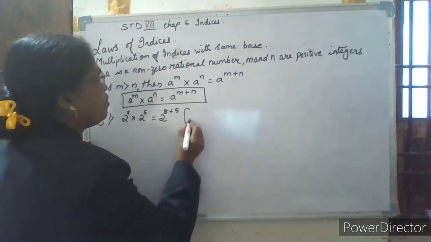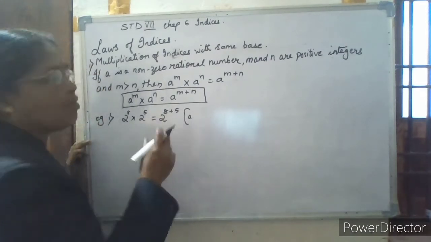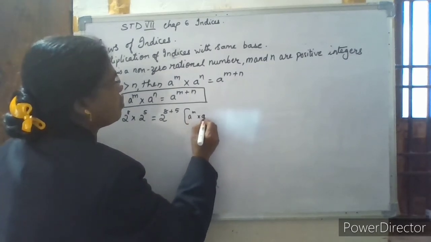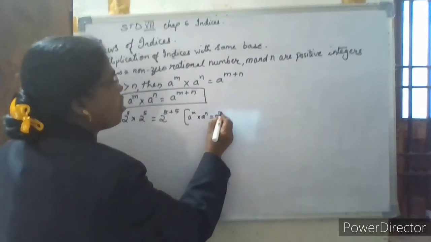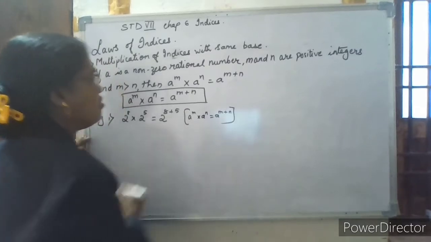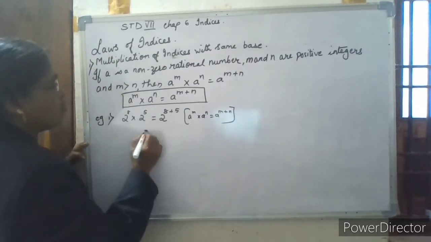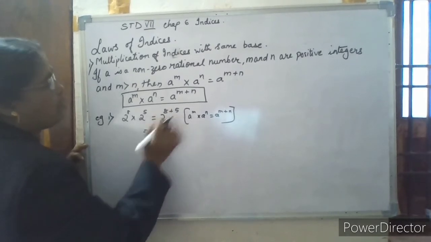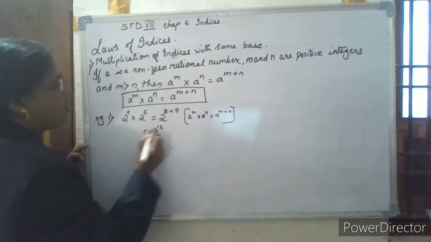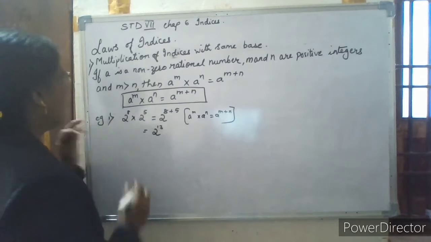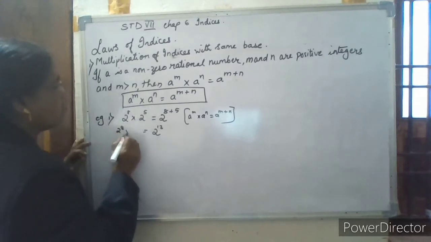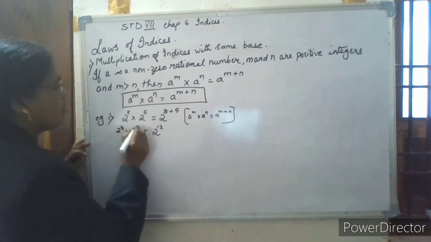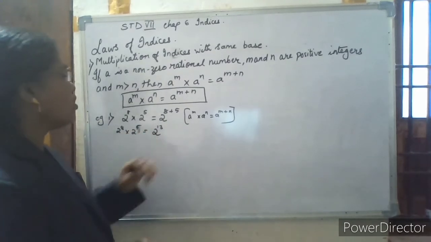For every question we have to write the law, that is a raised to m into a raised to n is equal to a raised to m plus n. In this way we have to write. So this is equal to 2 raised to 8 plus 5, which is 13. Therefore 2 raised to 8 into 2 raised to 5 will be equal to 2 raised to 13. We got it by this law.